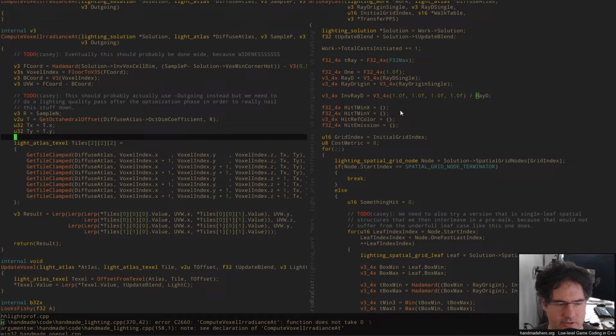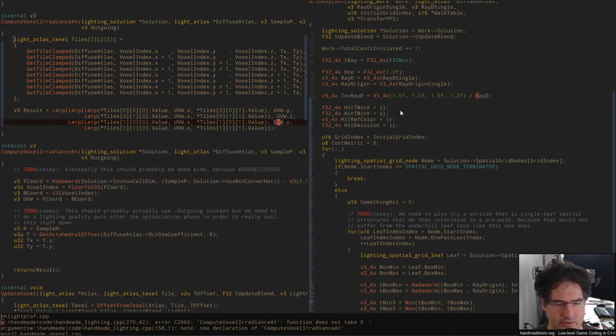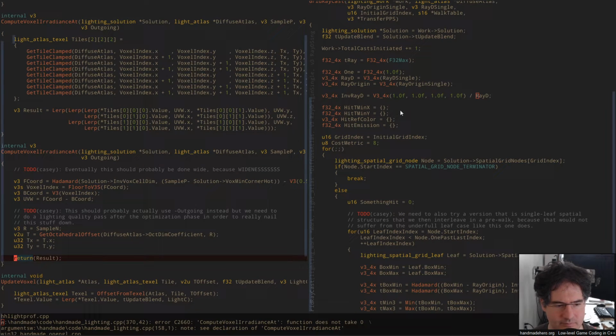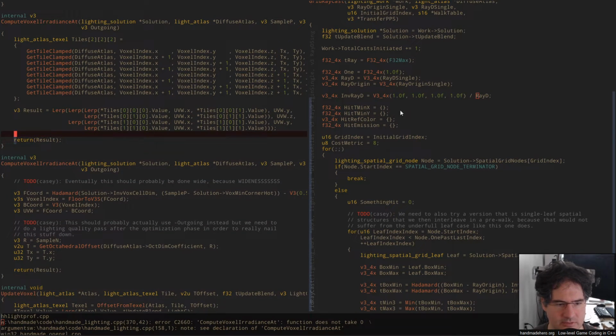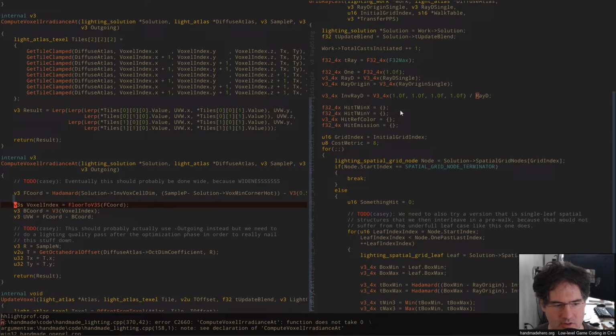So I think what I'd like to do here is let's just ignore that for a moment and say I'm going to put the part of this that actually does the sampling into a separate routine you can call with different parameters. So effectively here, the voxel index parameters that we produce and the UVW values that we produce, in fact I could actually make it be that blend as well.